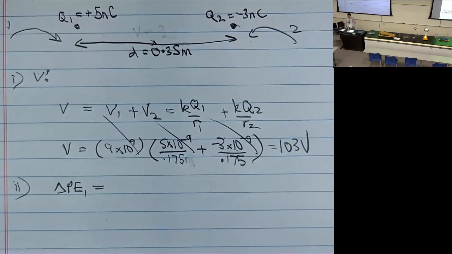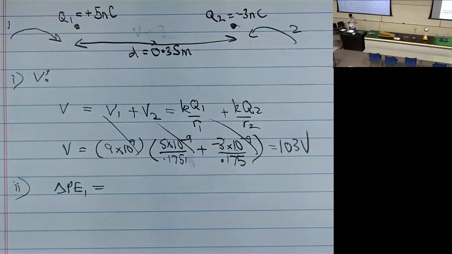How much change in potential energy was there when I brought up the first charge? There's actually none. There's no charges around when I bring up the first charge. It's just like empty space. There's no fields and potentials around. It's just an empty landscape.